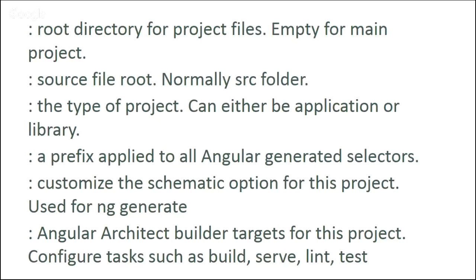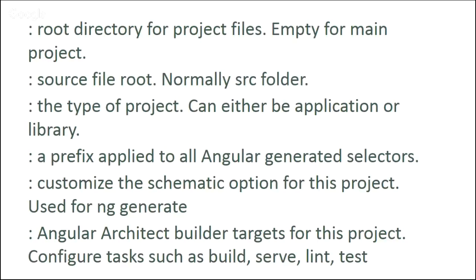Okay. So we can also choose to customize the schematic options for this project. The schematic controls the settings and options for the ng generator. So you can change that as well. And then the Angular architect builder targets for this project configure tasks such as build, serve, and lint. Now there are about three, four, or five categories.